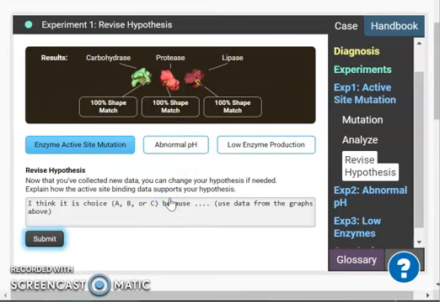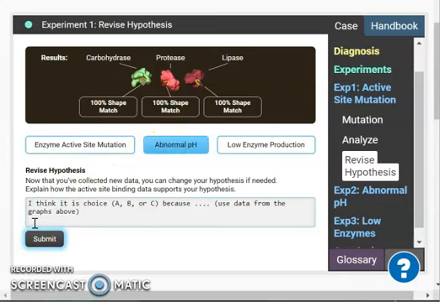So let's go ahead and revise our hypothesis. So now with this piece of data, we may want to revise our hypothesis because since we have 100% shape match, enzyme active site mutation is no longer a possibility.